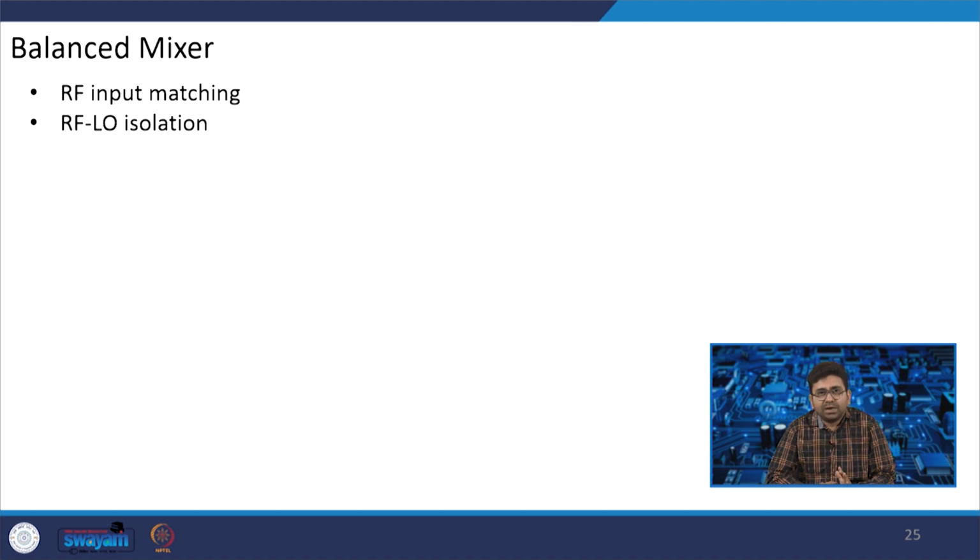However, there is a single balanced mixer if RF does not have a differential input but LO is differential, and if both are differential, then it is a double balanced, fully balanced mixer.